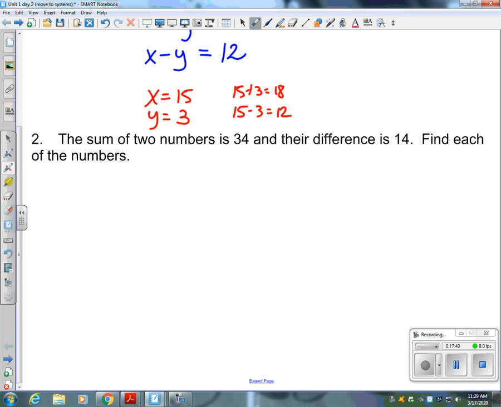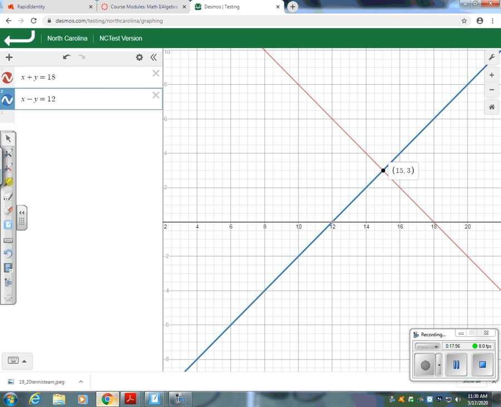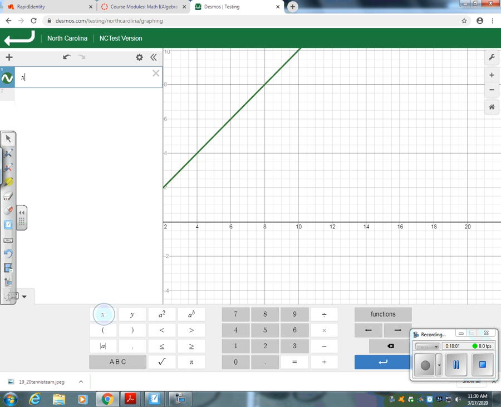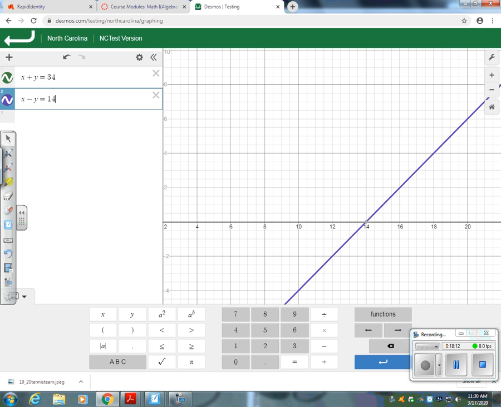Okay, number 2, we're going to treat it the same way. It says the sum of two numbers is 34, and the difference is 14. So we go to Desmos, clear it out, and we have x plus y equals 34 and x minus y equals 14.